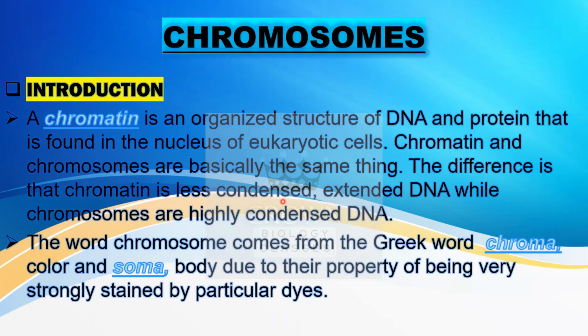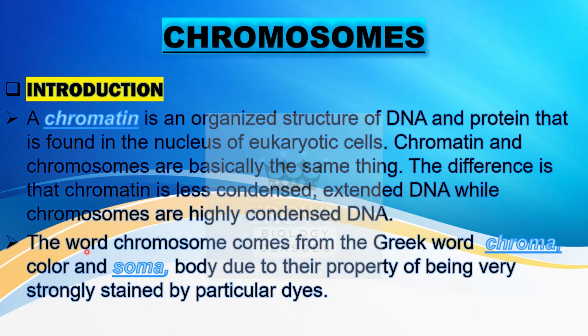Hence, chromatin is an extended DNA, while chromosomes are highly condensed DNA, that means they will have lesser length. The chromatin condenses to form chromosomes. This means chromatin is a lower order of DNA organization, whereas the chromosomes are a higher order of DNA organization.